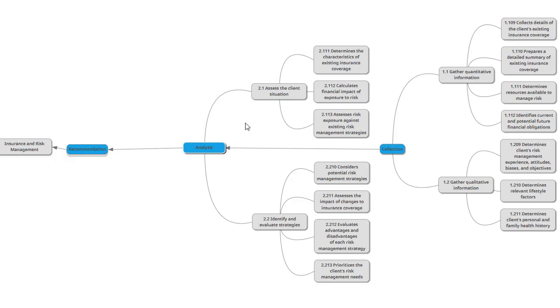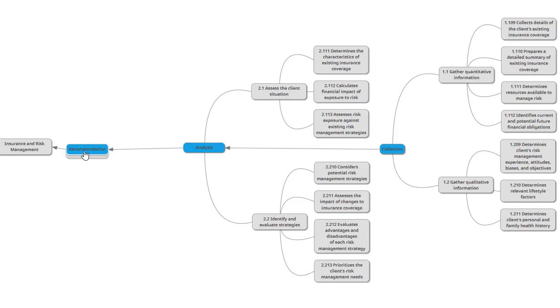Then we move down to the second part of the analysis where we identify and evaluate strategies. And for insurance and risk management, there are 4 elements: considers potential risk management strategies, assesses the impact of changes to insurance coverage, evaluates advantages and disadvantages of each risk management strategy, and finally, prioritizes the client's risk management needs.